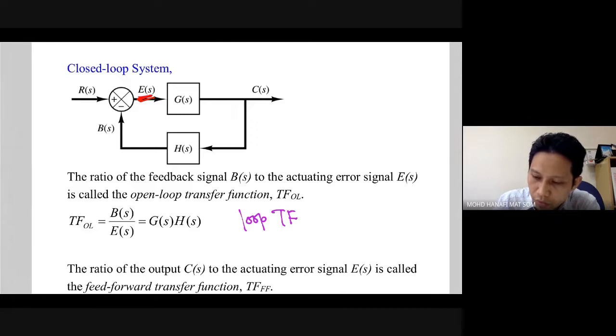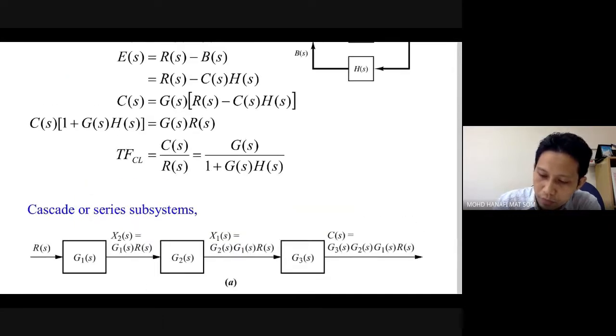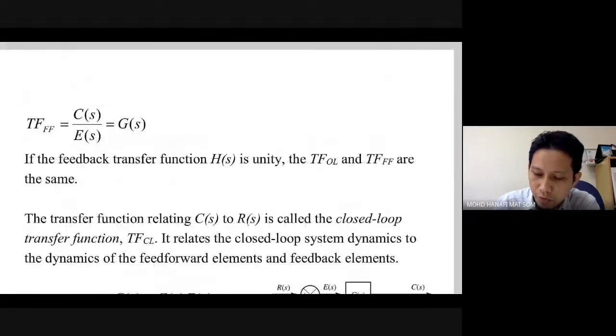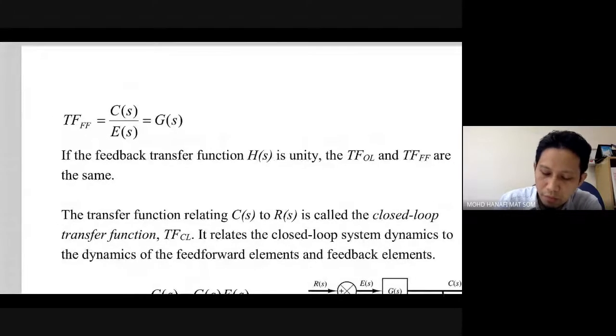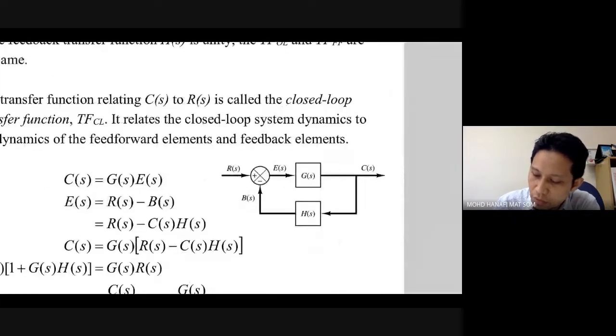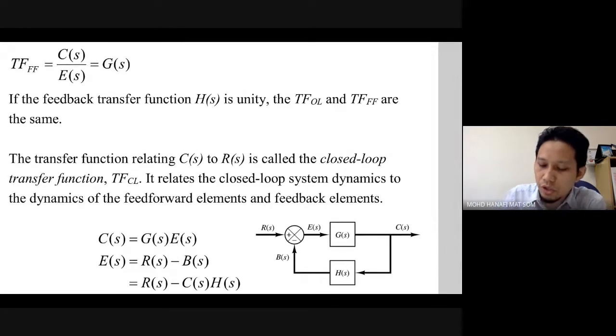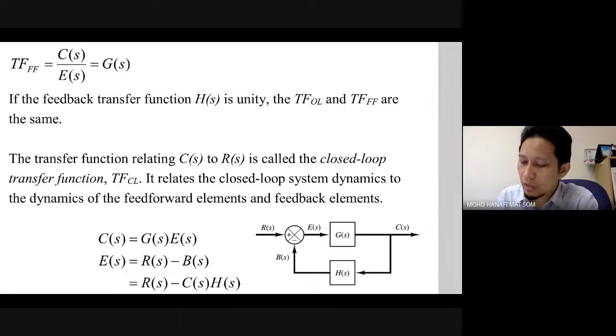In this case, the feed-forward transfer function is represented by C and E, which only has G(s) inside. So in between, you only have G(s). So the feed-forward transfer function is E to C, so we have G(s) here.